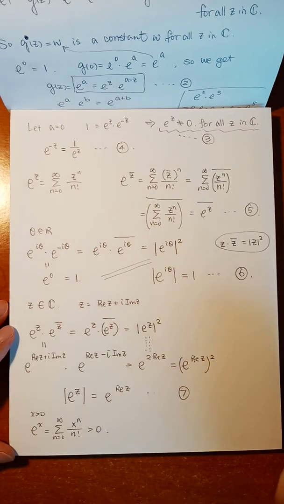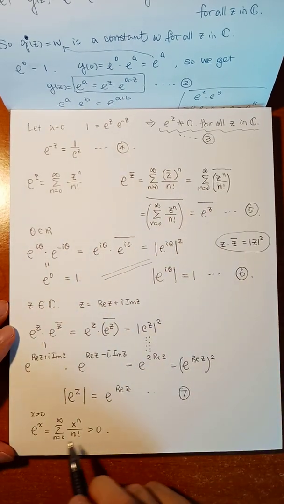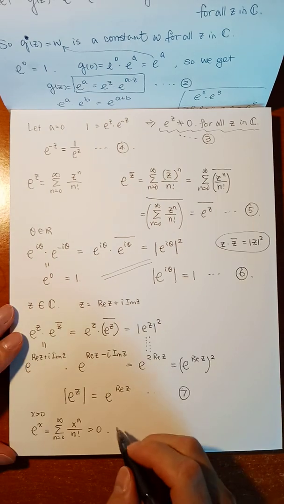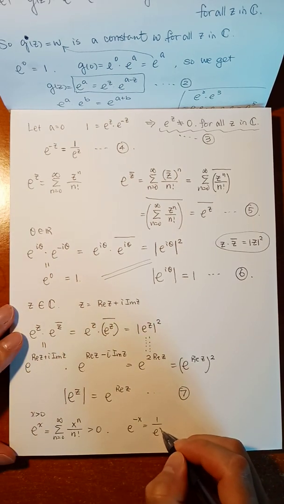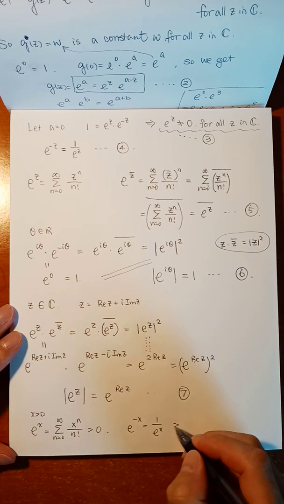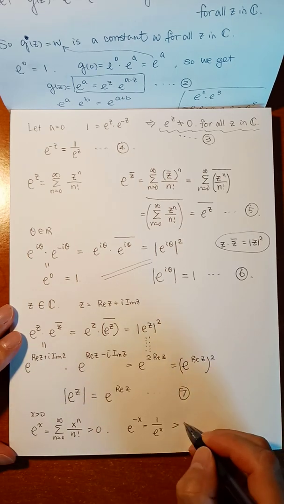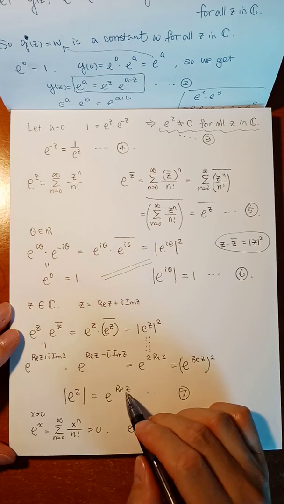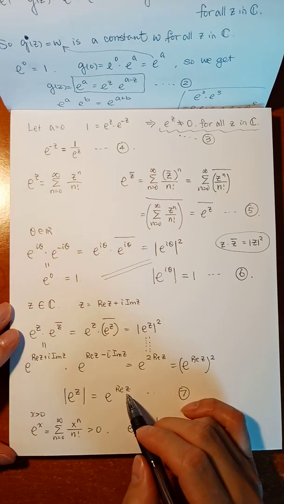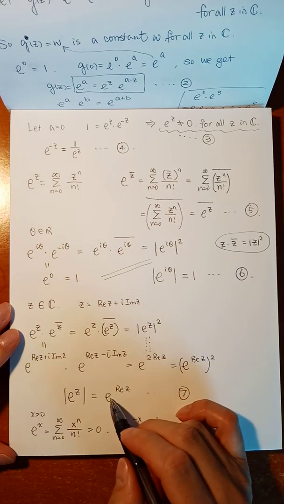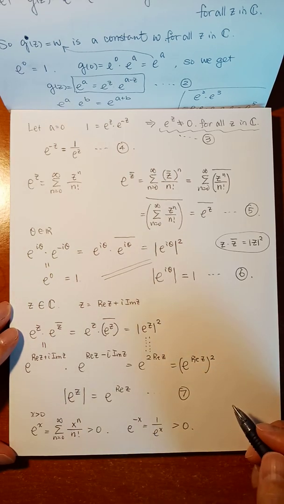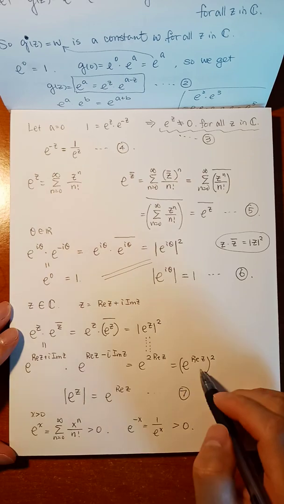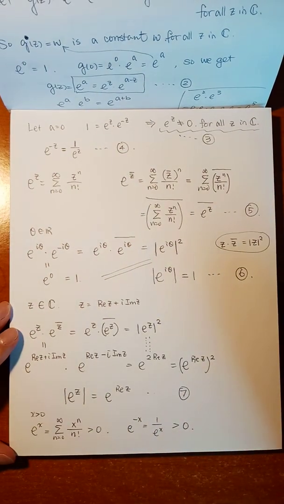Of course, it's positive, right? A power series with positive terms is always positive. And if we have a negative number, remember e to negative x is the reciprocal, 1 over e to x. This time it is still positive. So if you have a real input, the exponential of a real power is always a positive number. So that's why here we can directly remove the square and get the equation.